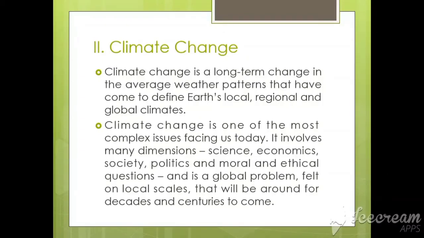Science, economics, society, politics, and moral and ethical questions. And it is a global problem felt on large scales that will be around for decades and centuries to come. So, nararamdaman natin ngayon ang climate change at mangyayari pa sa mga darating na panahon.